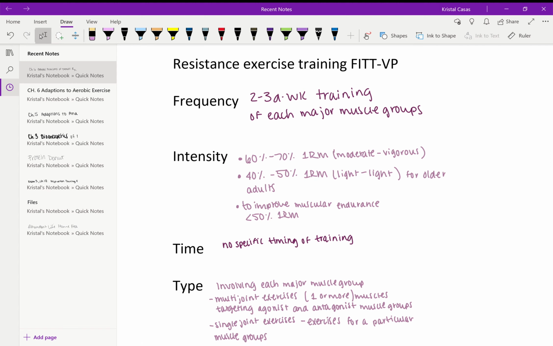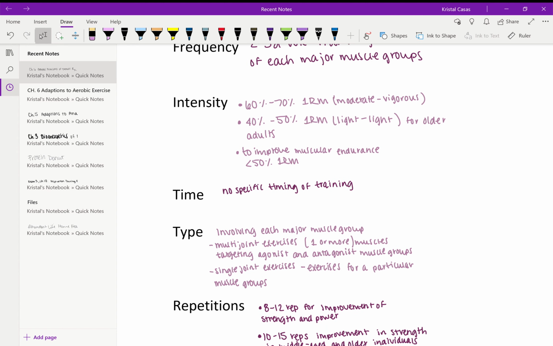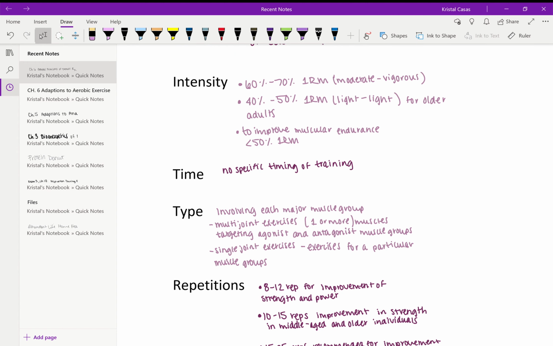And so now here is resistance exercise training FITT-VP. The frequency would be 2 to 3 days a week, training each major muscle group. Intensity, either 60 to 70% 1 RM, moderate to vigorous, or 40% to 50% 1 RM, light, would be really good for older adults.